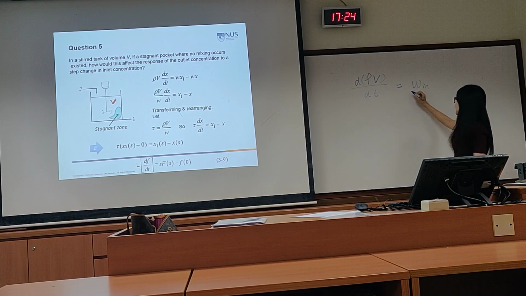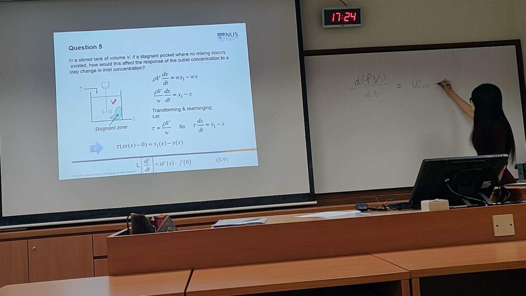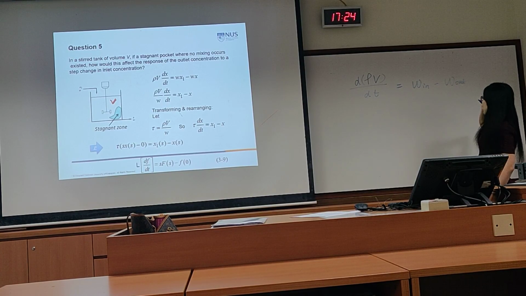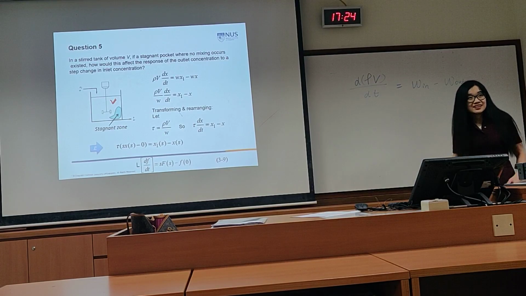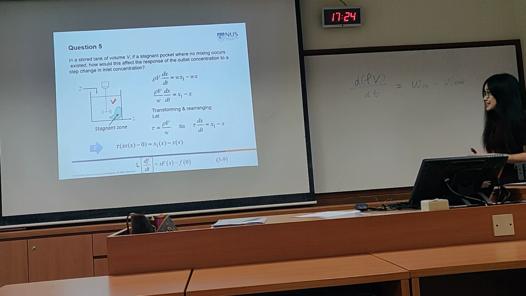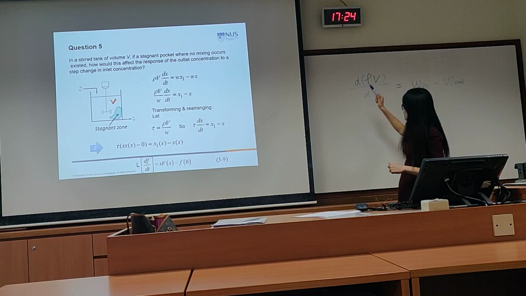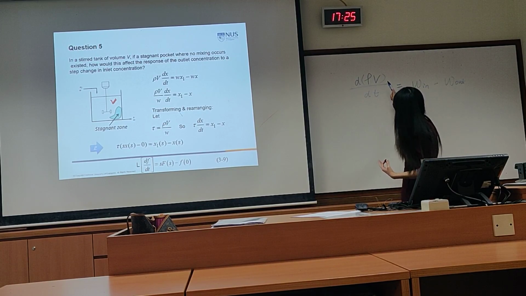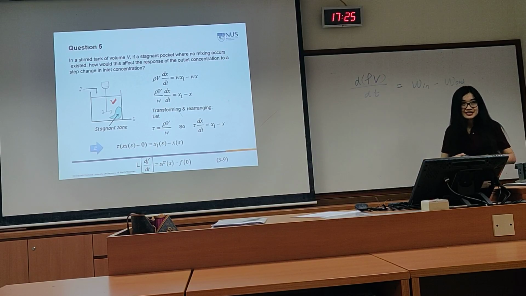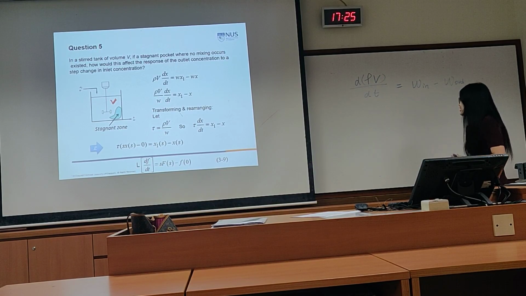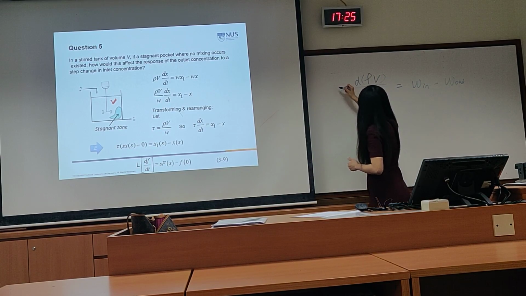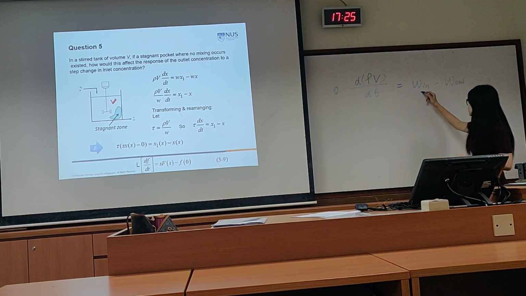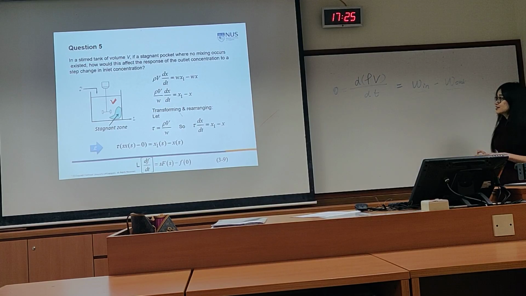Here is a mass flow into the system minus outflow of mass. Because in this case, we know that rho, the density, is constant, and V, the volume, is constant as well. So this mass does not change with time. So this dynamic term is forced to be zero by assumption. Therefore, we have our inflow mass equals outflow mass.